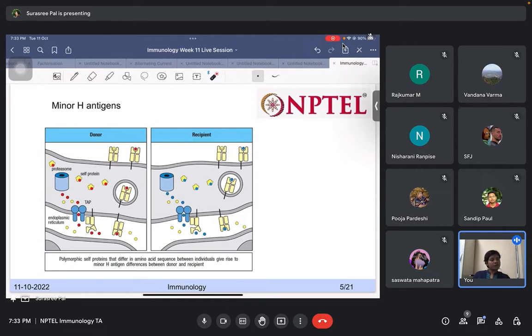So this kind of polymorphism exists in any population, and these peptides derived from polymorphic cellular proteins bind to the class 1 MHC molecules, and these self proteins are digested by the proteasomes in our cells.